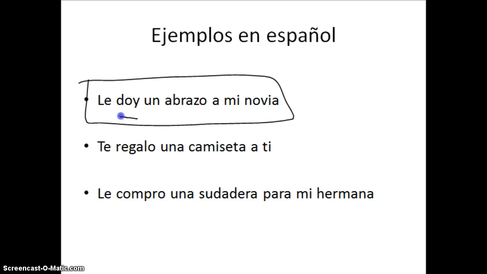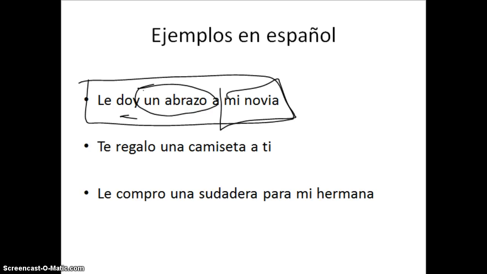Our verb is conjugated in the yo form, so yo is the subject. Our verb is doy, so I'm the one giving. What is being given? Un abrazo. So abrazo, the hug, is the direct object. And to whom is the hug being given? A mi novia. So mi novia is the indirect object.